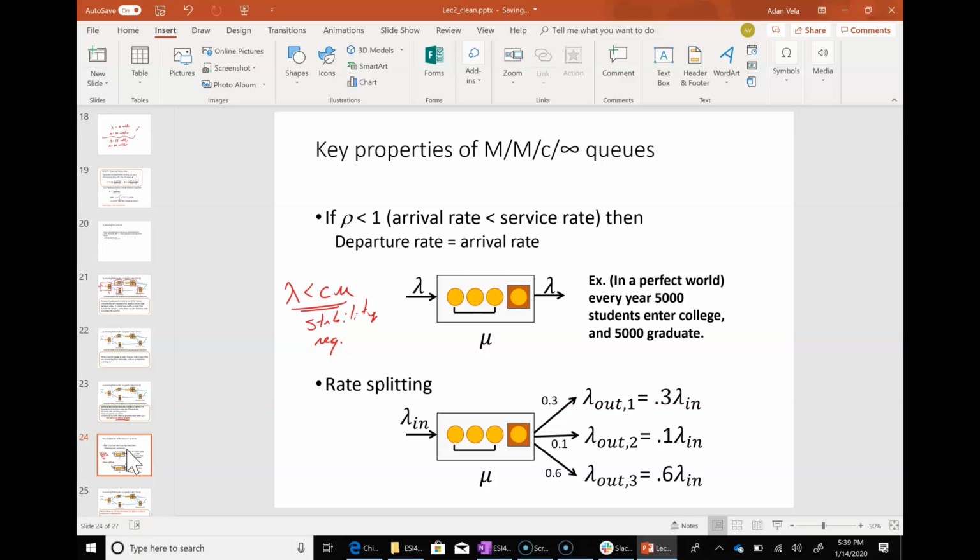Maybe 10% will leave directly. They'll walk in and then walk out. So then that means 10 people per hour will be taking this path. And so this fractional representation makes sense. You assume that the randomness averages out in the steady state. And so the rates that go out in each direction are in proportion to the probabilities.